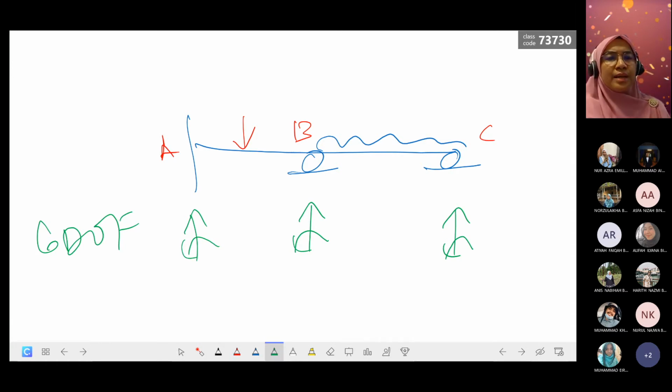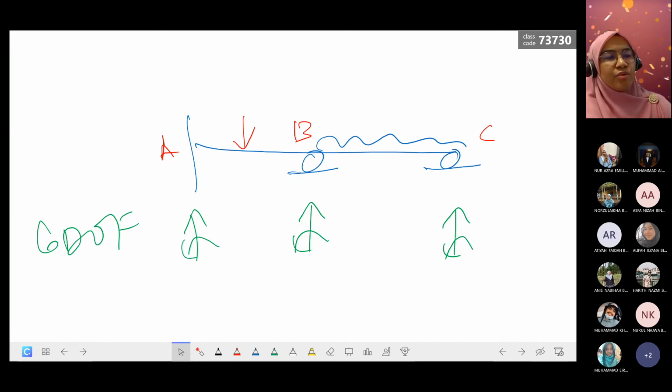Okay, unconstrained. Nanti saya akan tengok balik nota-nota saya about ni, saya akan bincang balik macam tadilah. Okay, 6 degree of freedom yang ni, untuk beam kita akan identify sama juga macam tadi based on the free body diagram which will be based on the unknown reaction.